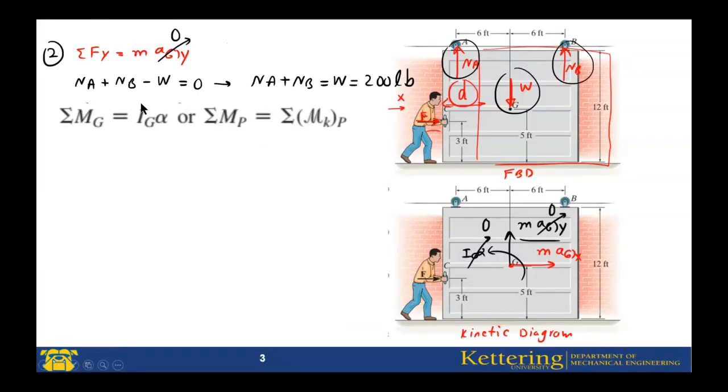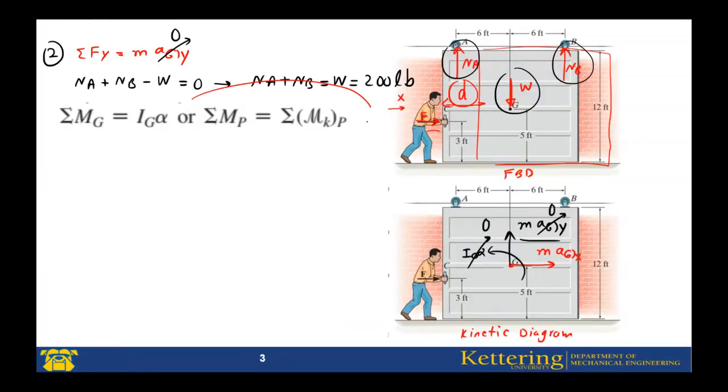For example, if you use this one about the G, still you have two unknowns. Why? Normal force of the A and the B, they have moment about the G. However, you can do a kind of smart selection. Why? If you find the moment about one of these points, A or B, you already eliminate one of the unknowns.